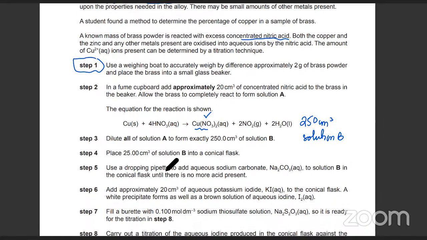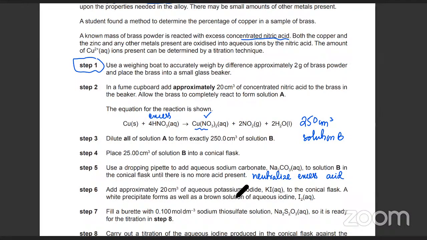Using a dropping pipette to add aqueous sodium carbonate to solution B in the conical flask until there's no more acid present. So he's probably adding an excess of nitric acid, and then he adds sodium carbonate, which basically neutralizes the excess acid that's remaining.